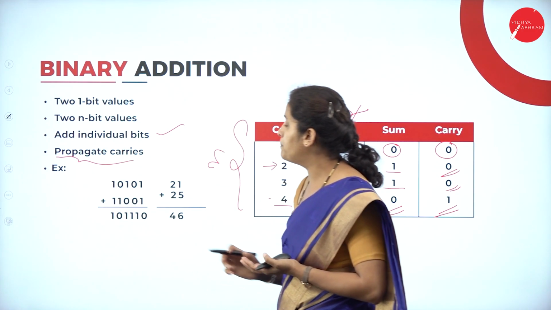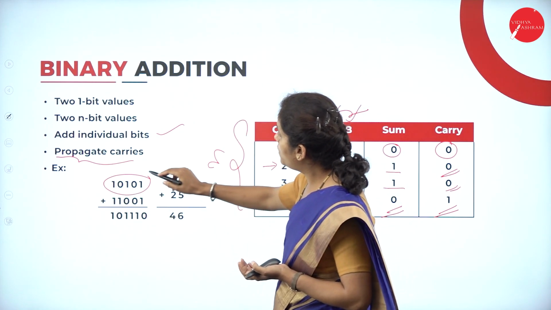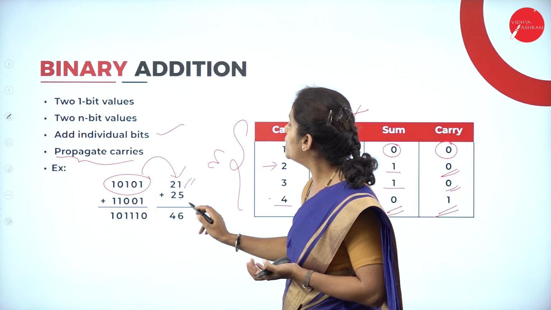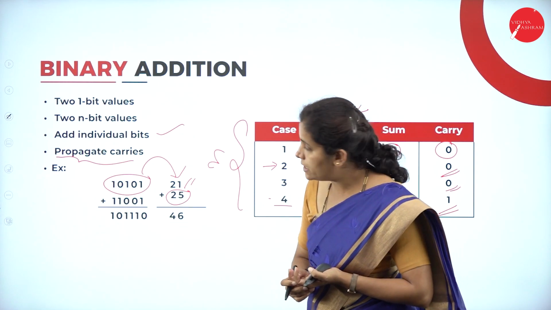So this is the example. So this is the binary representation, and what is the decimal representation? Here it is 2, 1. This is also the decimal representation of given binary number.